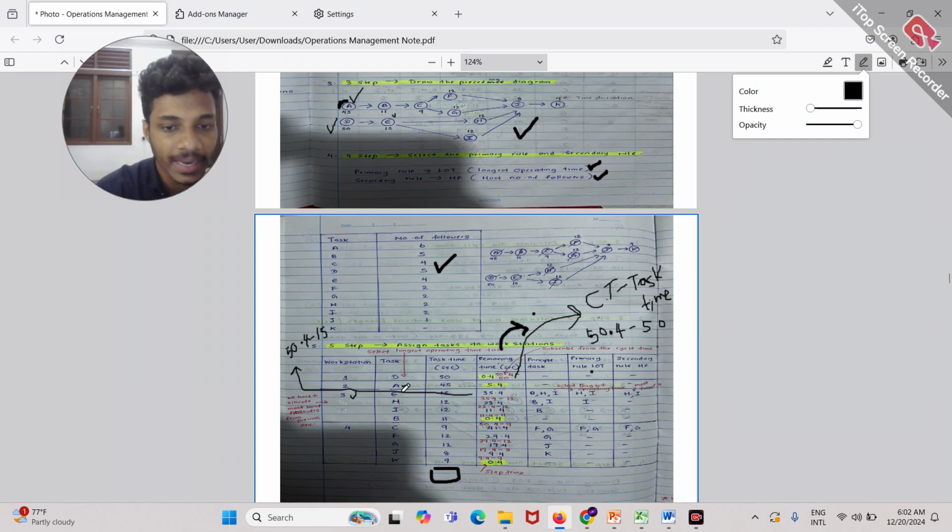So task time is 12 and 35.4 minus 12, right? 23.4. This is the remaining time for H. And then H completed, E completed. What are the next? What you have to do?